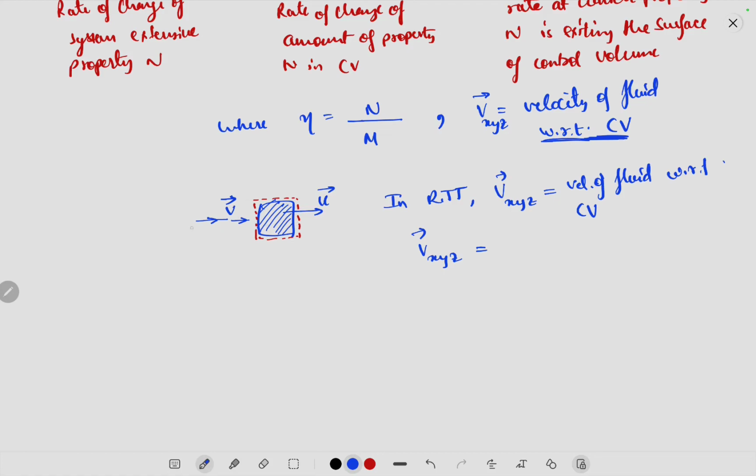So what is the velocity of this fluid with respect to ground? That is v vector. And what is the velocity of control volume with respect to ground? That is u vector.